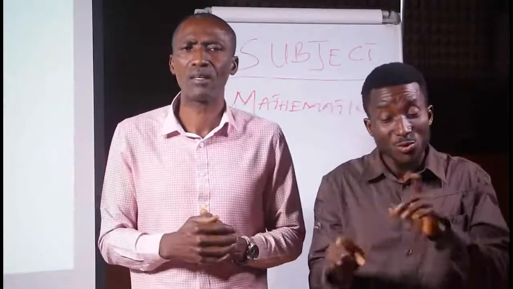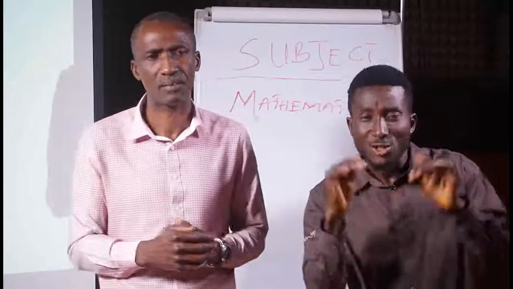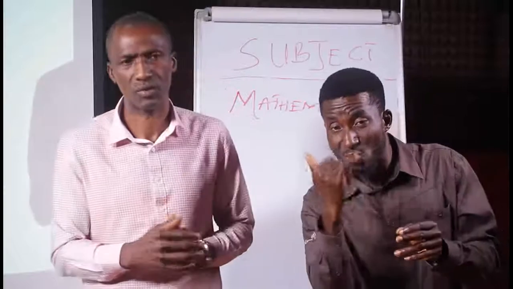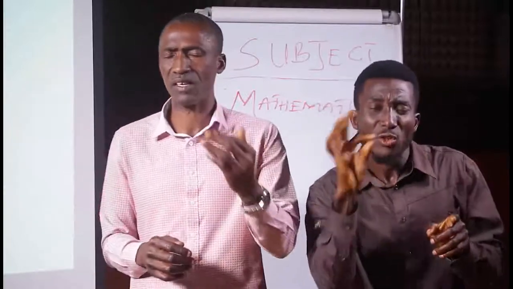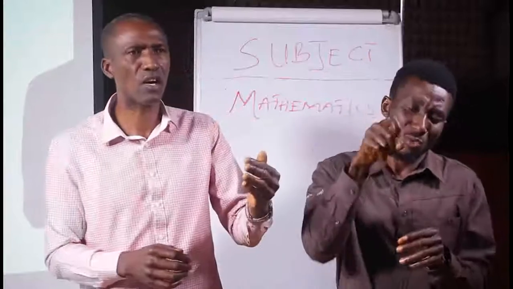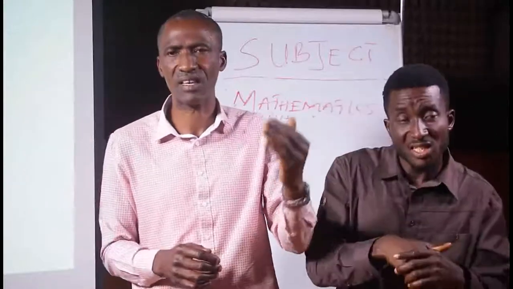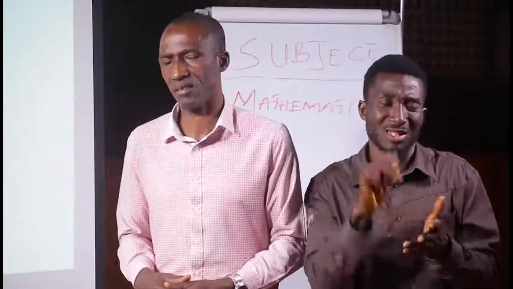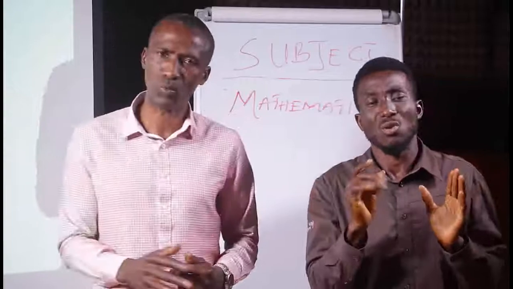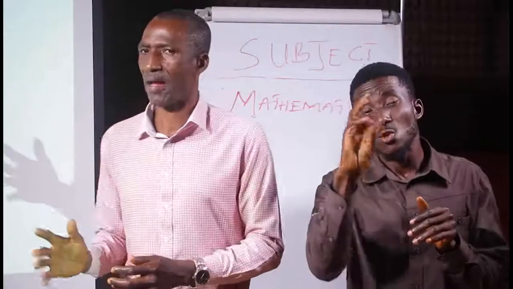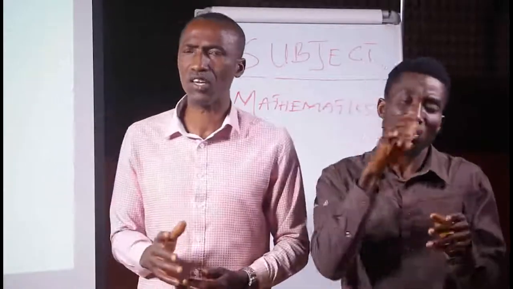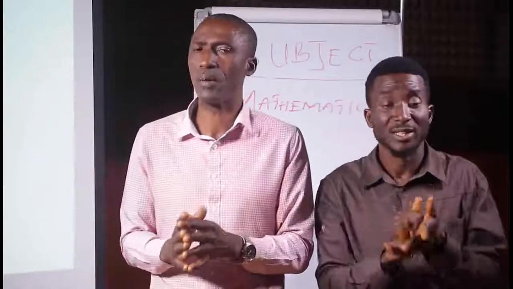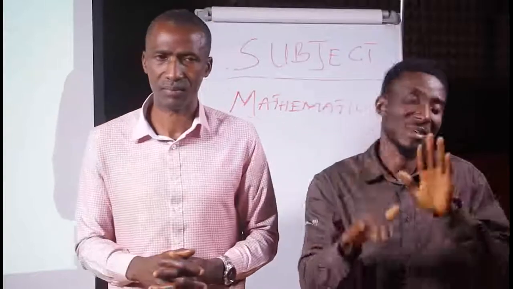What do we mean by making sure the equations are balanced? It simply means if you are using x and y as the two unknowns, then the coefficient of x in equation 1 must be equal to the coefficient of x in equation 2. By doing that, x is balanced. Also, to balance y, the coefficient of y in equation 1 must be equal to the coefficient of y in equation 2. By doing that, y is balanced.